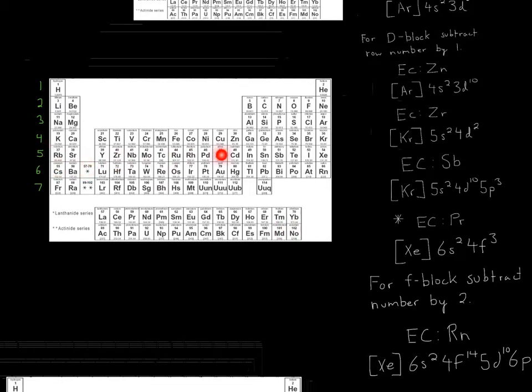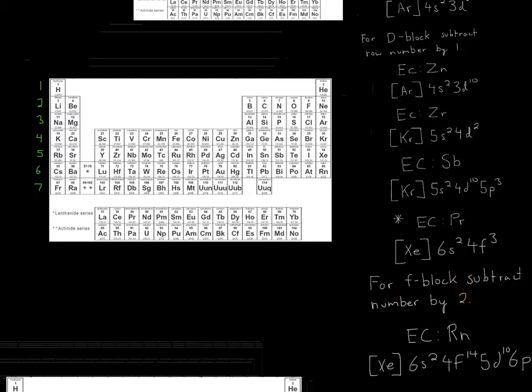So I would go up, right, to xenon, and work my way down from xenon, right? So it'd be 6s2, and then from here we go to the F block. In the F block, you subtract by 2.